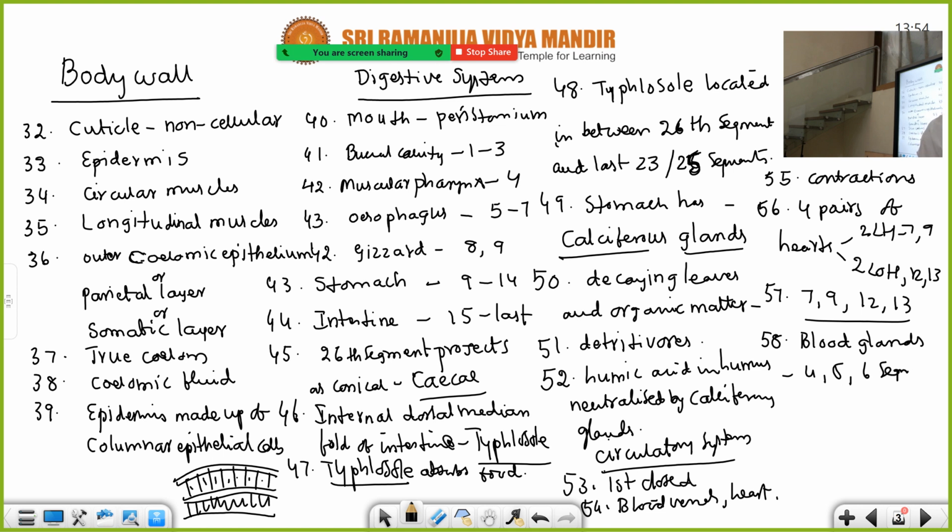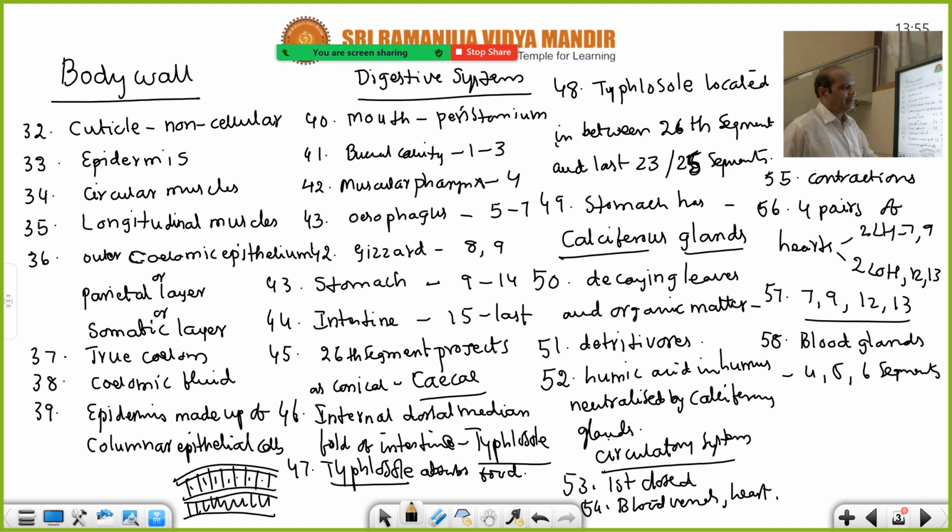In the same segments, which structures are present? Besides blood glands, the same segments also have, remember, pharyngeal nephridia. Pharyngeal nephridia are also located in the same segments. Are you there?